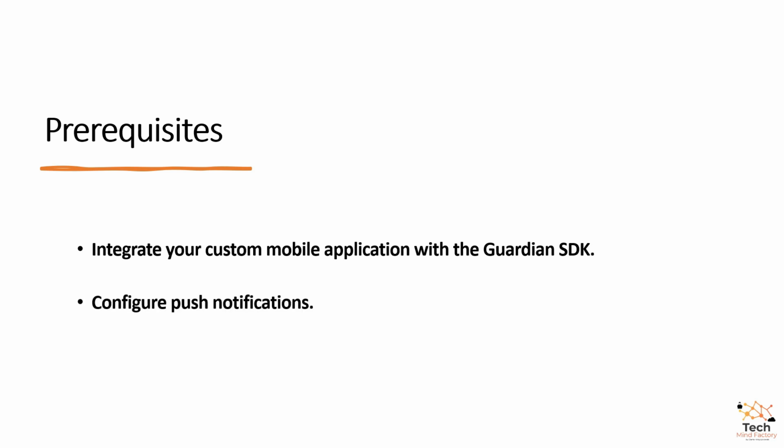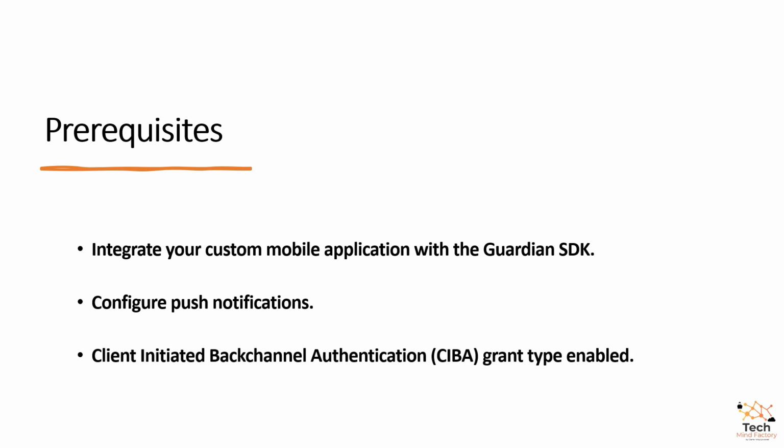Additionally, we need to configure push notifications, because our application would like to receive push notifications sent by Auth0 and be informed that somebody is requesting user authentication or authorization. And also, we need to enable the client-initiated backchannel authentication grant type for our application in the Auth0 tenant.